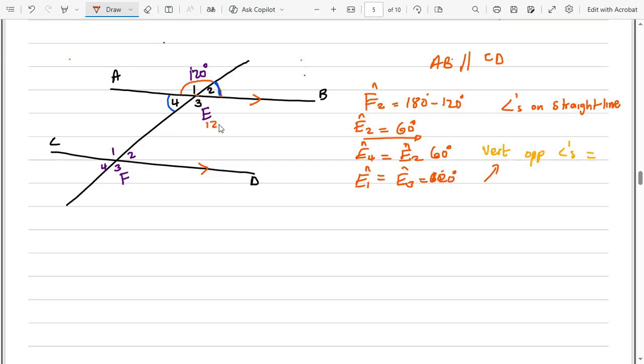If this angle is 120 degrees, this is corresponding angles. You understand? Yeah. So angle F3, did you get F3 to be 120? Yeah. 120 degrees, corresponding angles are equal. Yeah. So now we know that we can use angles in a straight line to find F2.